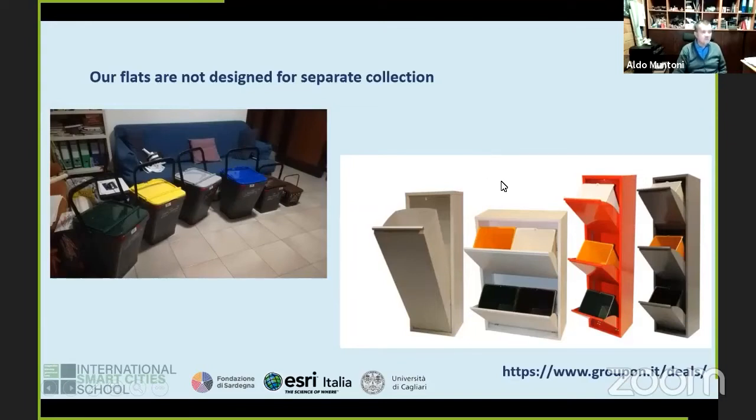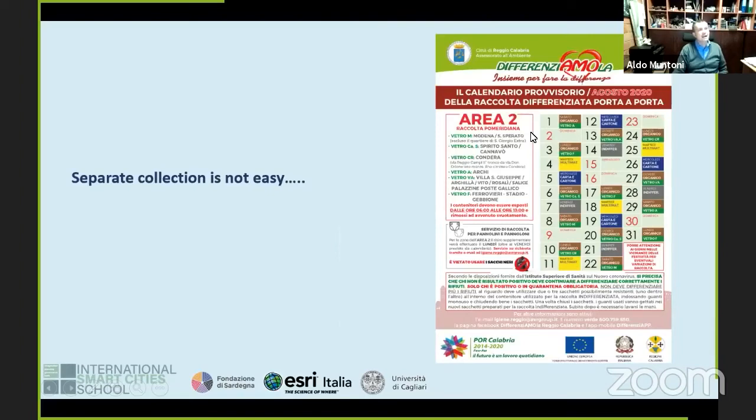So again, smart solutions for the problems which originate from the need for separate collection. And other smart solutions are necessary in order to understand separate collection. So I don't know, in every city, in every village, the municipality gives this kind of guidelines, and these guidelines are more or less easy to understand and to apply.